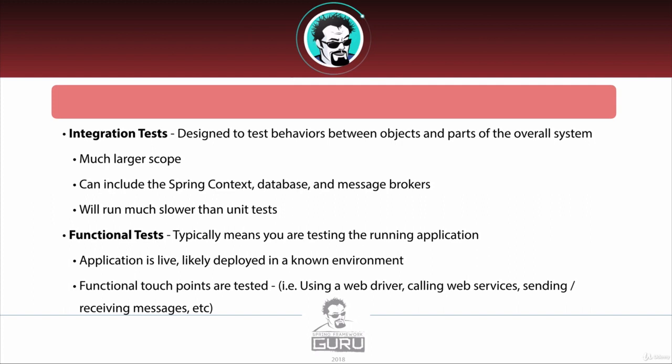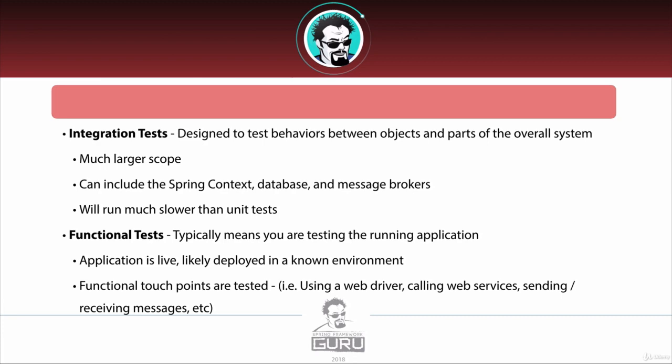You might be calling web services from the deployed service. You might be sending and receiving messages from a broker. So functional tests are going to be a lot higher level. And obviously, since you've actually compiled everything and deployed to a known environment, they are very, very slow overall. So as far as speed, keep in mind, unit tests very fast, integration tests not as fast depending on what you're doing, and the slowest tests are going to be your functional tests.